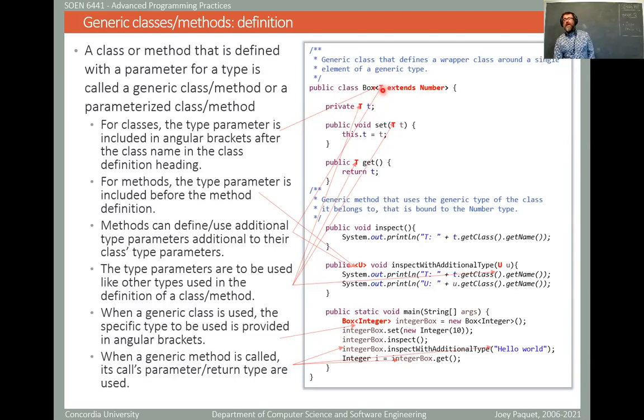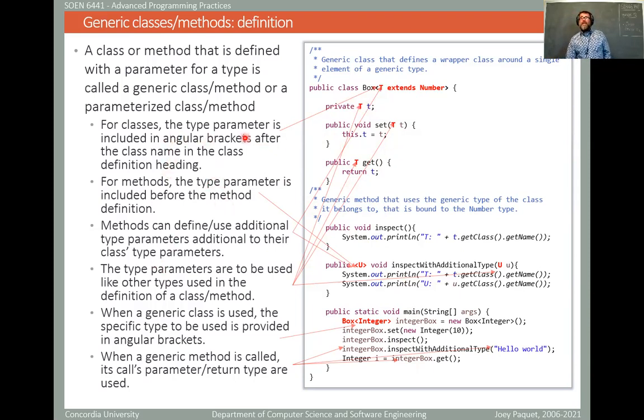So essentially what happens is that whenever there's T in my code here, it's going to be somehow replaced by Integer. So I will have an Integer t, then my set method will take an Integer and my get method will return an Integer. And wherever else I'm using T in my code, it would actually replace it by the value of this parameter type.